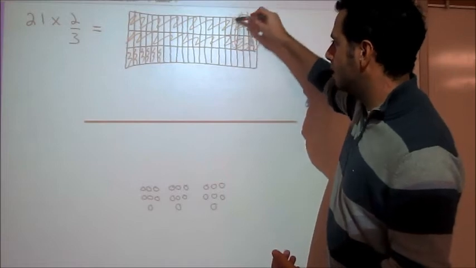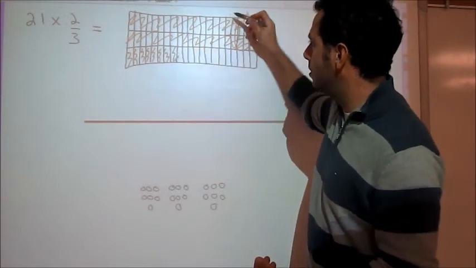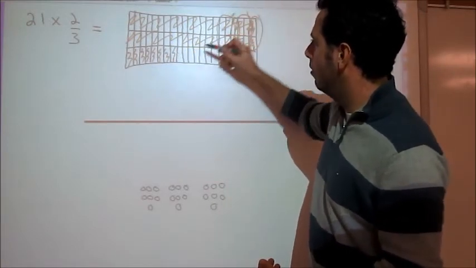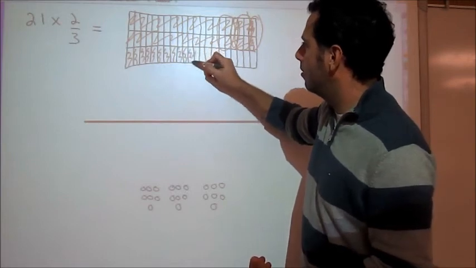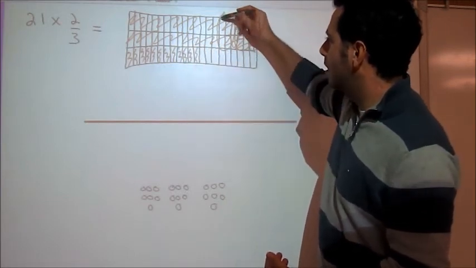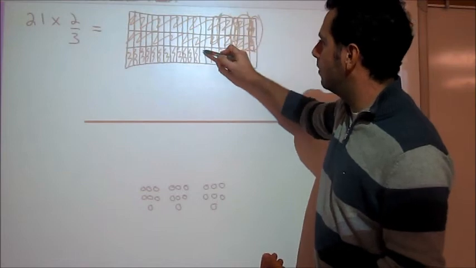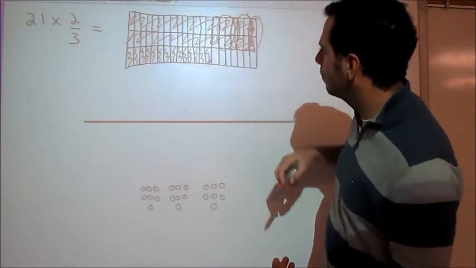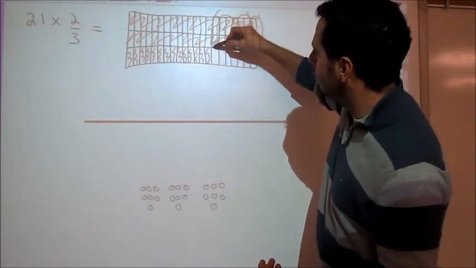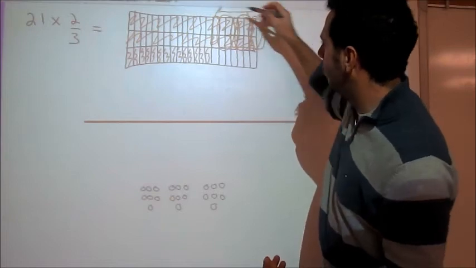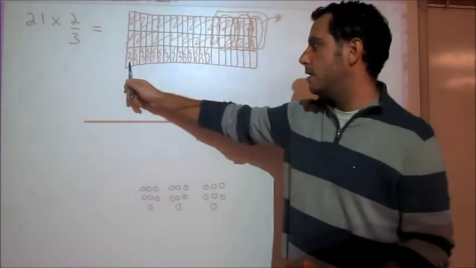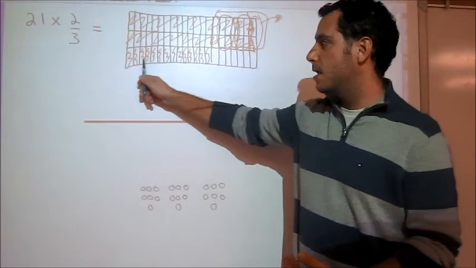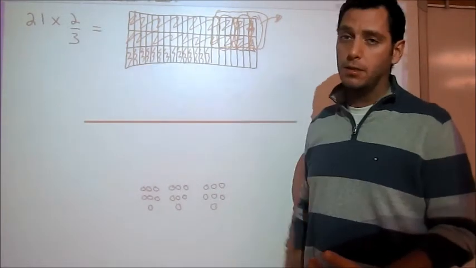So these 2 can fill in these 4, and these 4 can fill in these 4, and these 2 here can fill in these 2. So it looks like I'm done. I've actually removed all of these here to fill in the empty spaces in the other parts.